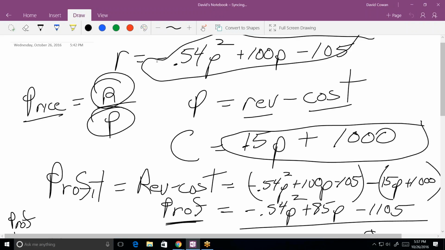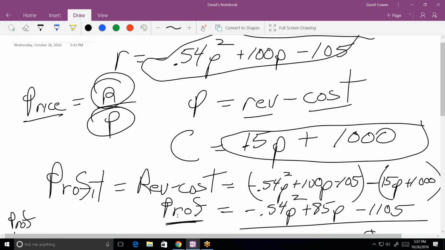You get the most revenue if P is equal to 92 or whatever you came up with on that previous problem. That maximizes revenue, but it doesn't maximize profit because profit is revenue minus cost. And we have a different cost function over here. So if you subtract the cost function from the revenue function, you end up with this function at the bottom of the page. That's the profit function.